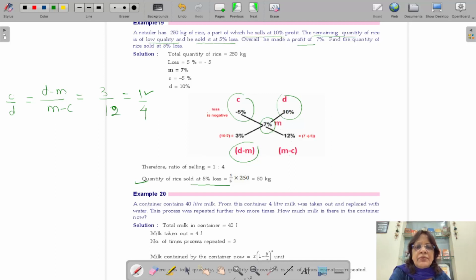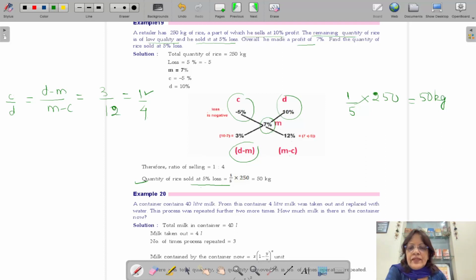Therefore, rice sold at 5% loss will be 1 upon (1 plus 4), that is 5, into the total. The retailer has 250 kg of rice, so the quantity of rice sold at 5% loss is 50 kg. That is the first question.